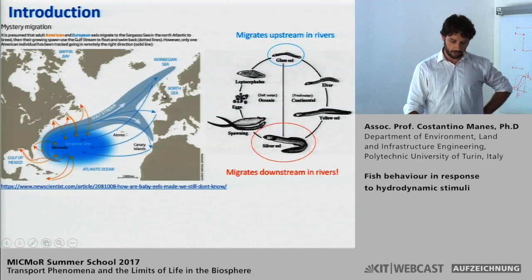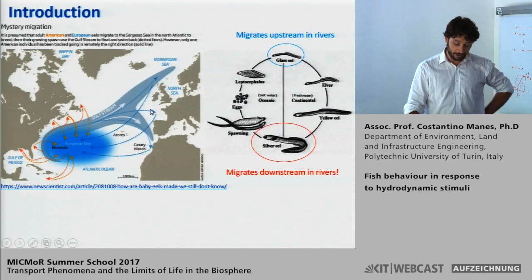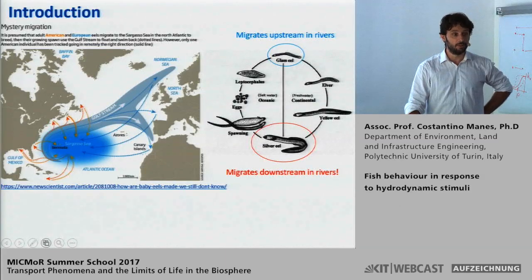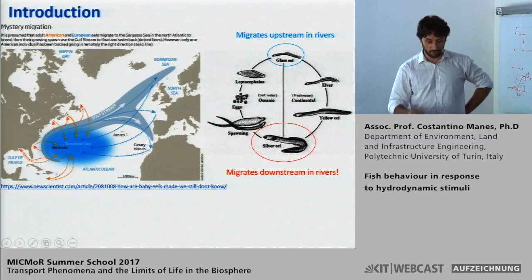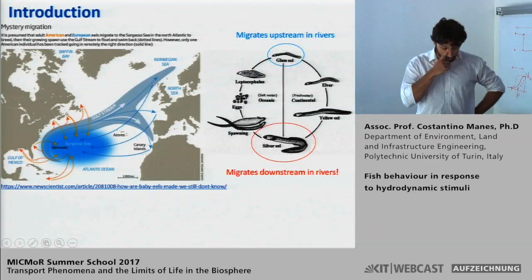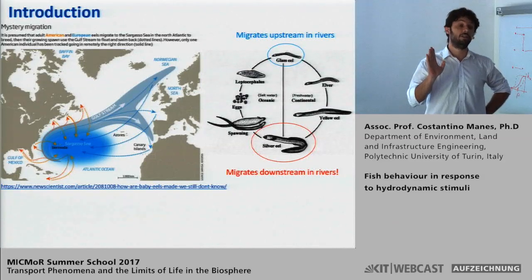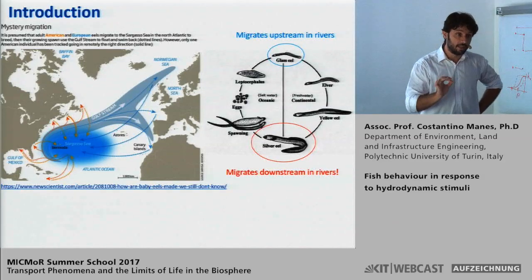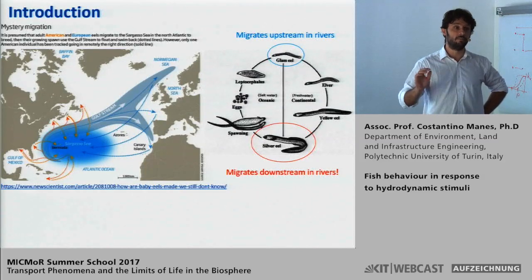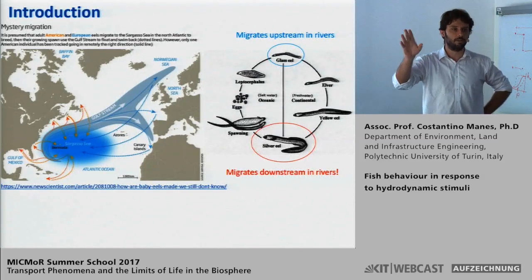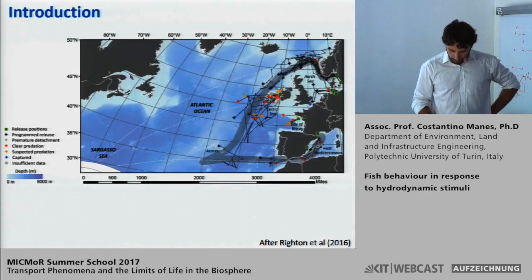They apparently travel all the way again to the Sargasso Sea for mating, essentially, which is the supposed spawning area. But nobody has ever proved it, has ever tracked eels from North America or Northern Europe to the Sargasso Sea.